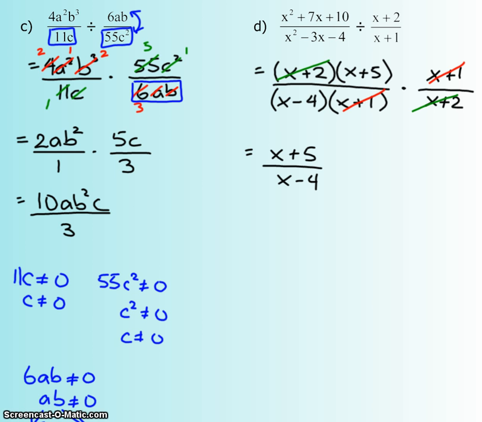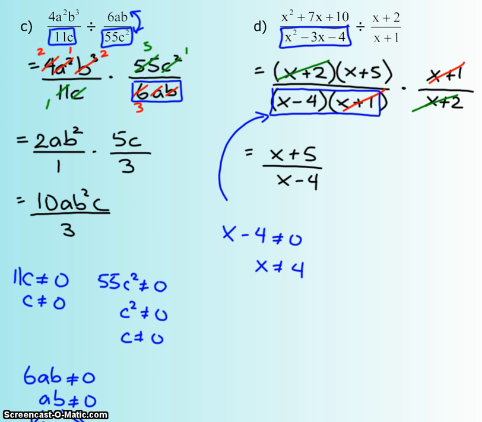For the restrictions, it wouldn't be convenient to look over here and solve for x. Instead, I would look at the same denominator but already broken down. So from this denominator, x minus 4 cannot be 0, which means x can't be positive 4. Over here, x plus 1 can't be 0, which means x can't be negative 1.